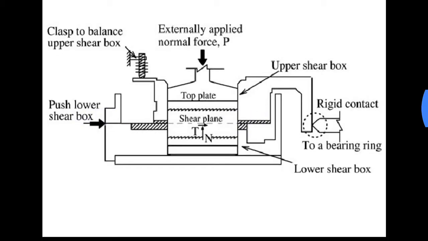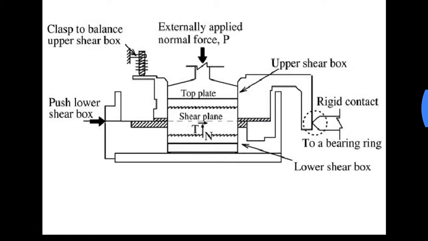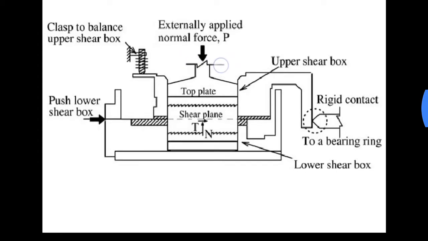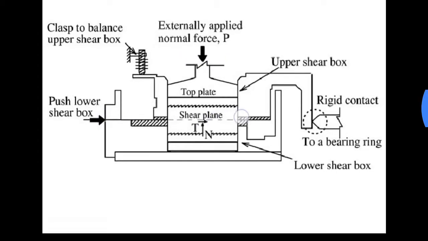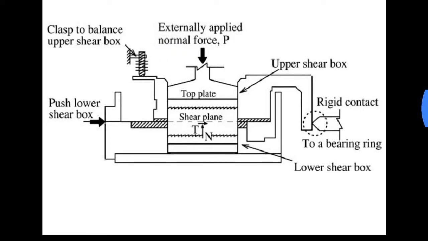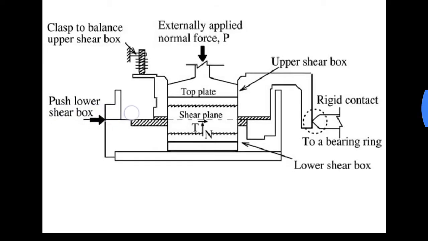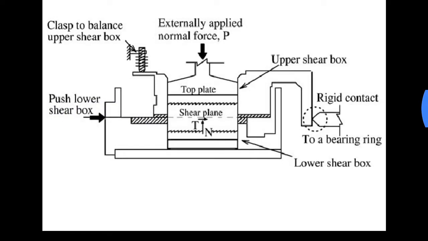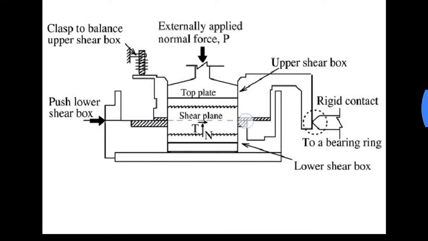One is the force in the longitudinal direction, along the shear plane, and the other one is the normal force that is perpendicular to this shear plane. Now as we keep on increasing the shear load, at some particular load a shear will take place.